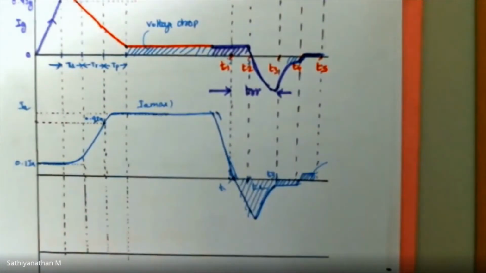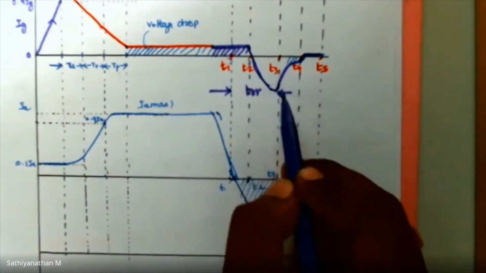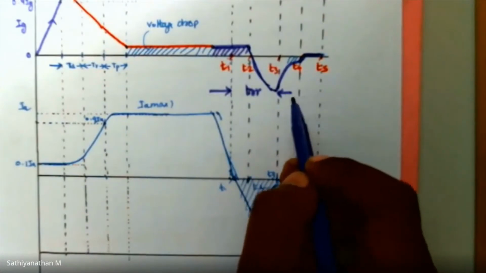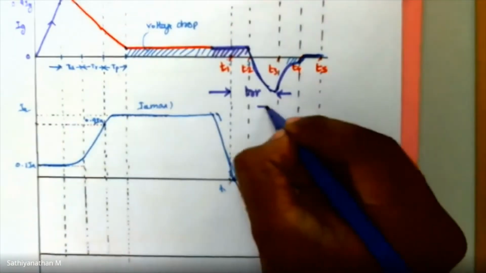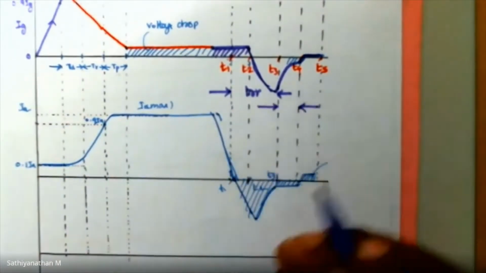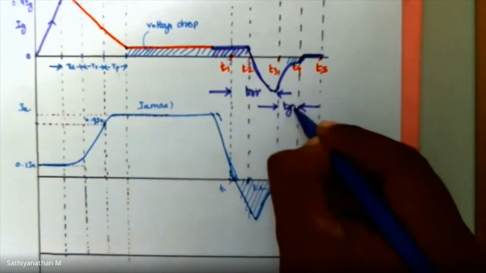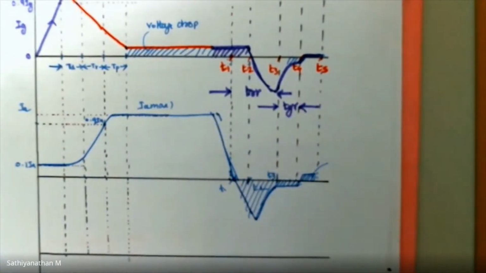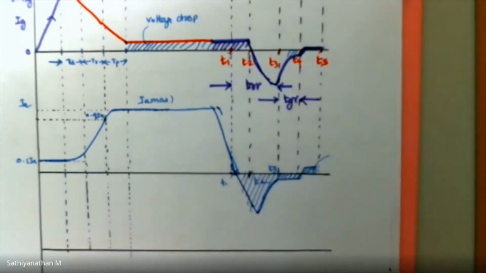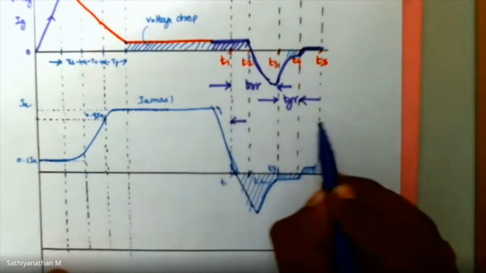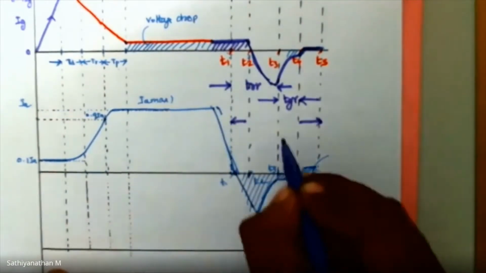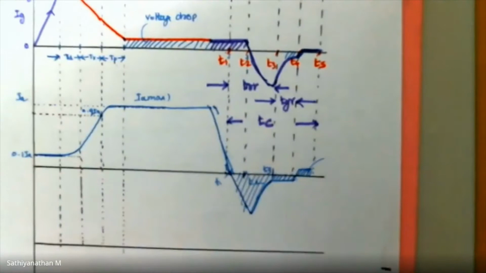So T1 to T3 is the actual reverse recovery time of your SCR, and T3 to T4 is the gate recovery time of an SCR. As a whole, T1 to T5 is called the circuit recovery time. Are you clear with this?